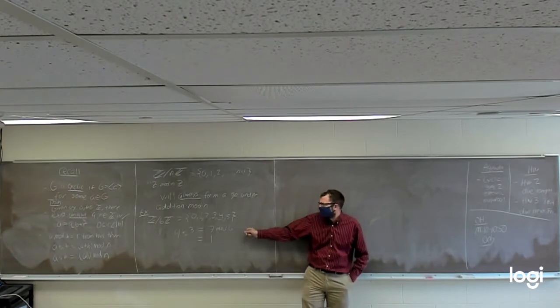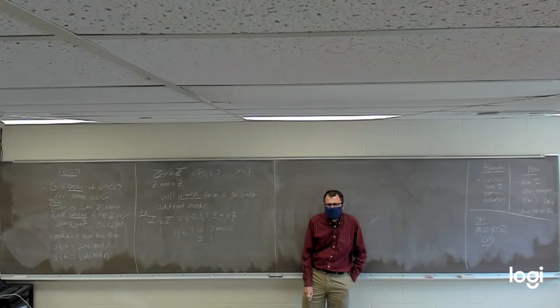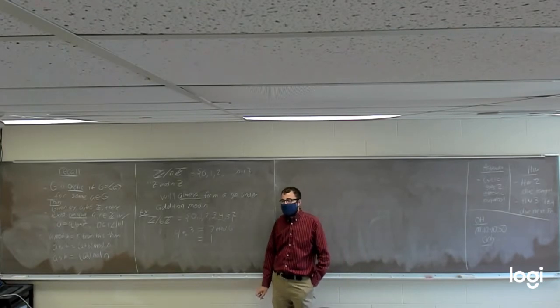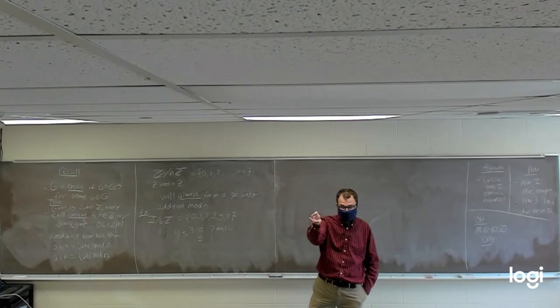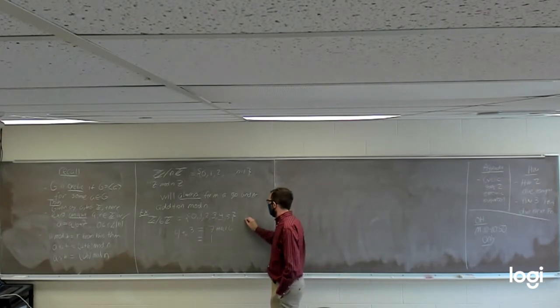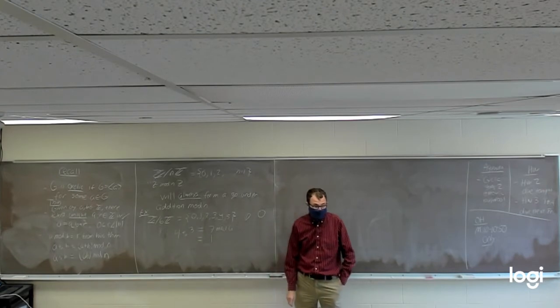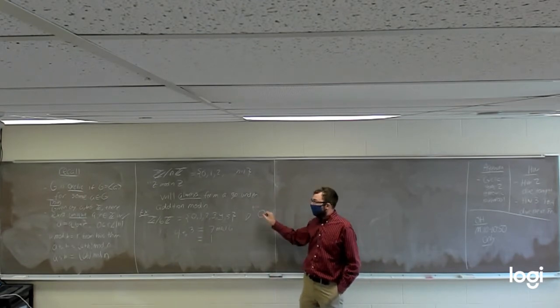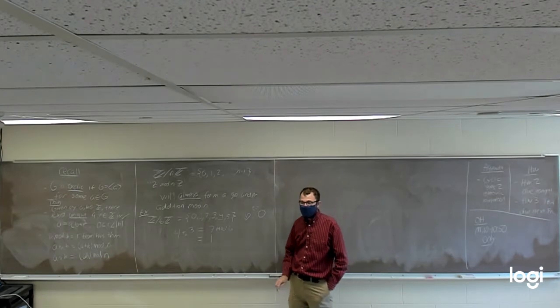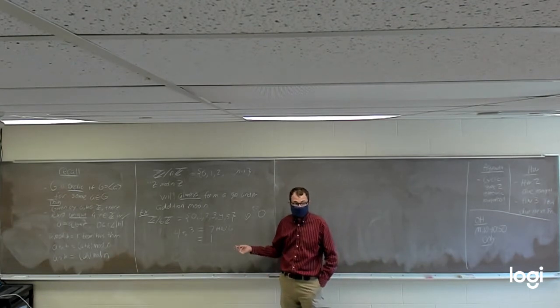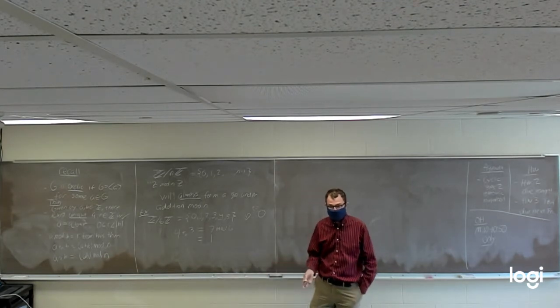What's the identity element in this group? I claimed it's a group, so it has to have an identity element. Something that if you were to add it mod 6, it changes nothing. 0. Yeah, the identity element, just like with the regular integers, is always going to be 0 in any Z mod nZ. No matter what your n is, you'll always have 0 in the set, and that will be your identity element.